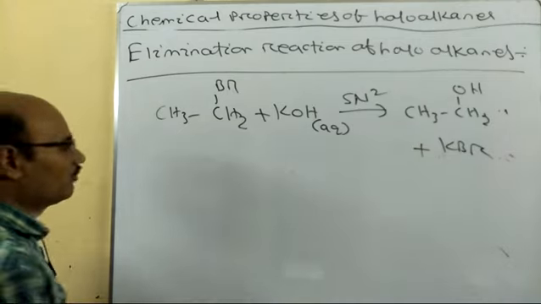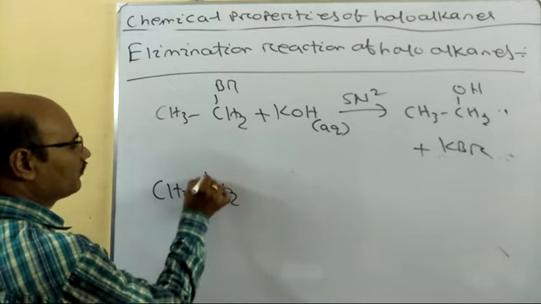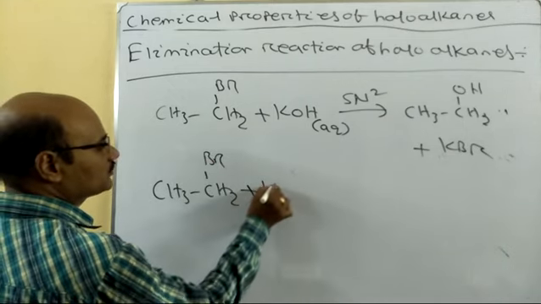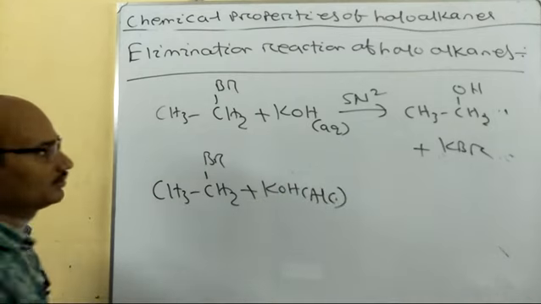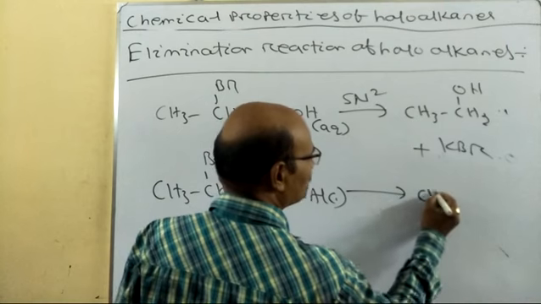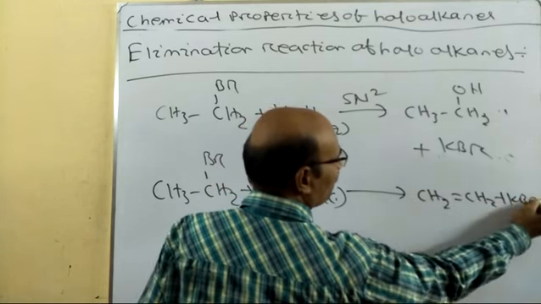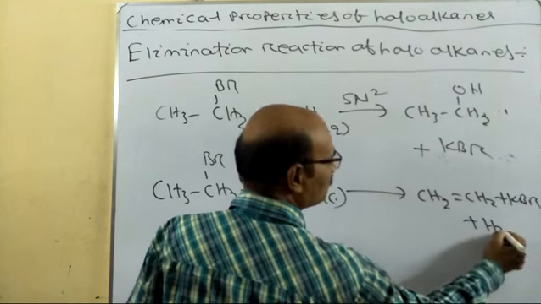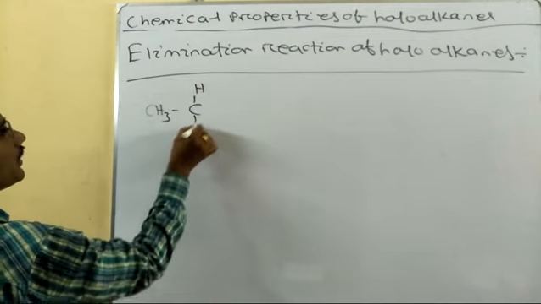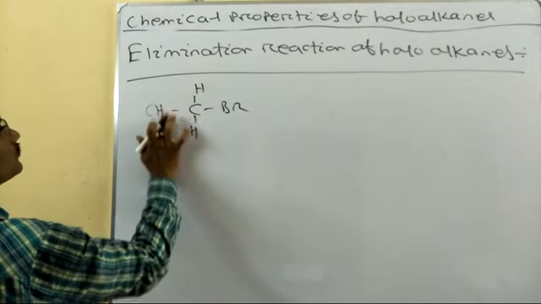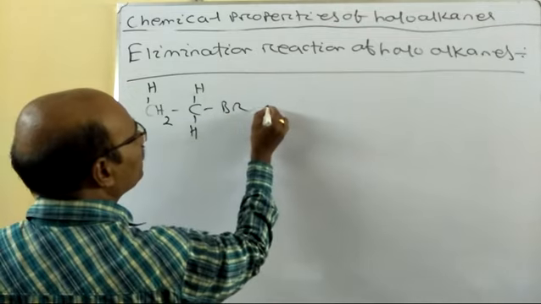Now what I am doing is CH3CH2Br plus alcoholic KOH, giving CH2=CH2 plus KBr plus H2O. The hydrogen I can take, and I will give water.